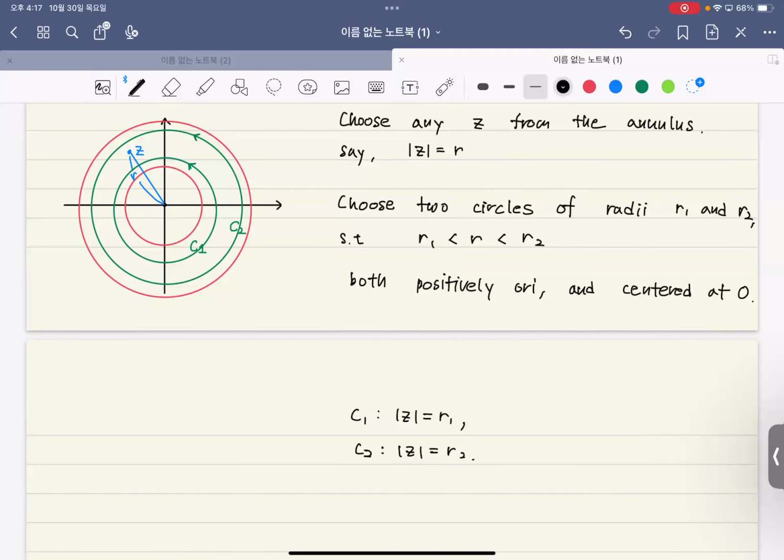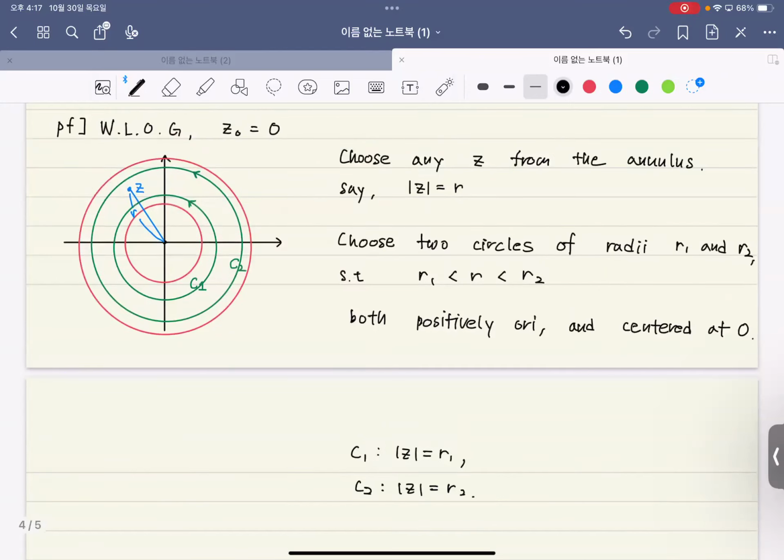Other than that, allow me to choose just one last circle. This time it is a very small one, which lies in the area bounded by the circles C1 and C2. This last one is also positively oriented, and it encircles this point of interest z.